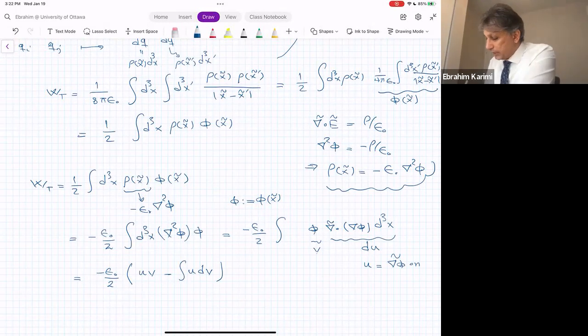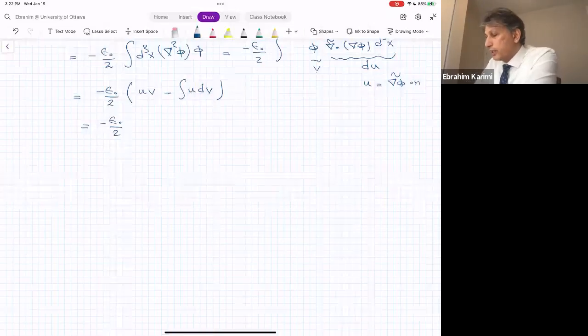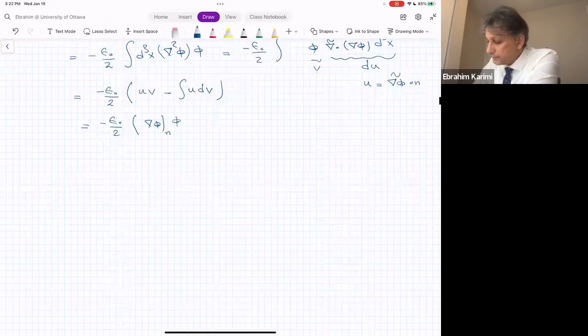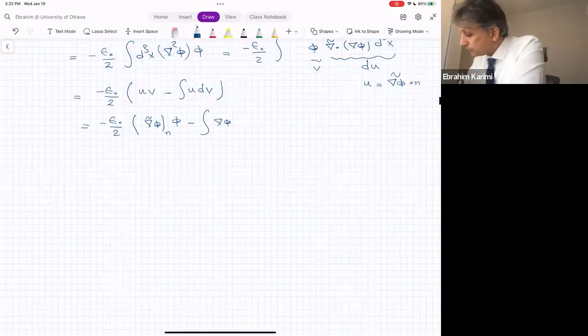So then I will get minus epsilon 0 divided by 2 integral of gradient of phi dotted with the normal n, times phi, minus integral of gradient of phi, and then I have also du, which will be again dot gradient of phi, d volume, which is d3x.